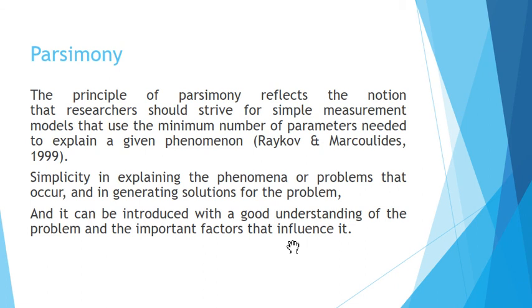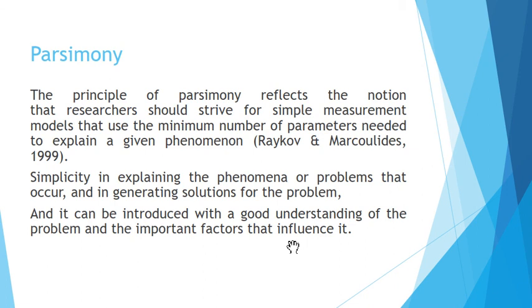For example, two variables, employee satisfaction and employee commitment, explain 45% of the change as to why people do not leave the organization. And then there are maybe another 10 factors that add 3% to it.